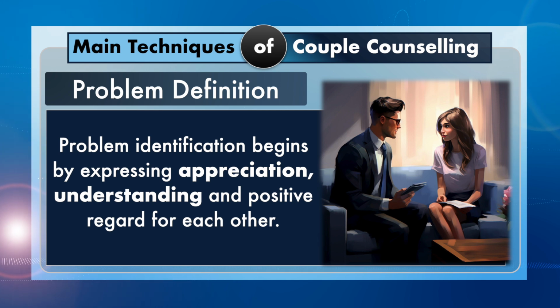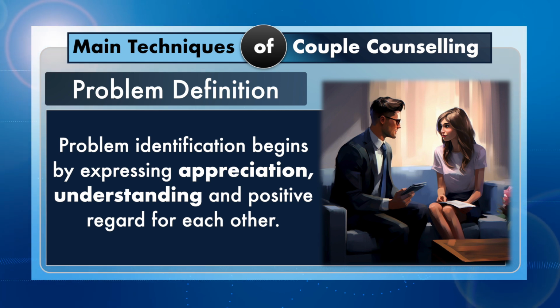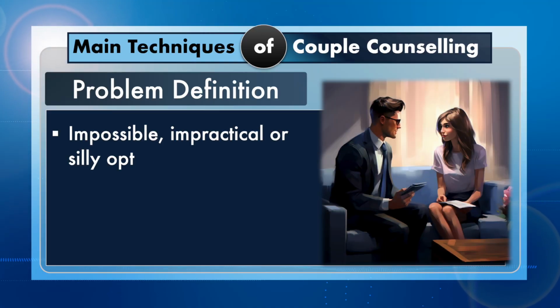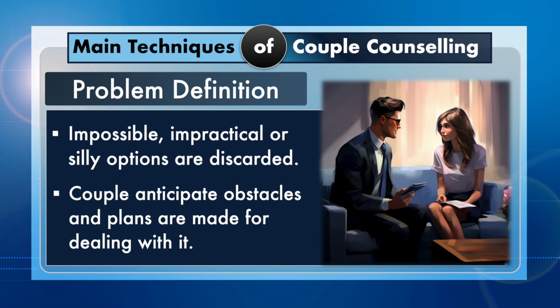The partners are encouraged to recognize specific circumstances, behaviors that surround the problem and express their feeling about the problem. After clearly defining the problem, the therapy moves to the next step of the problem solution, which involves brainstorming about all probable solutions to the problem at hand. Each option is reviewed thereafter, and options that seem impossible, impractical, silly, they are discarded.